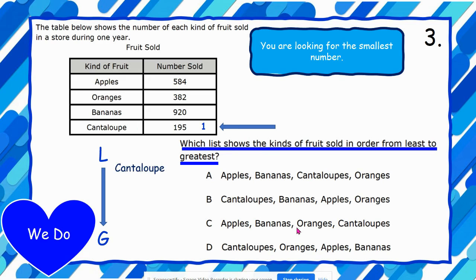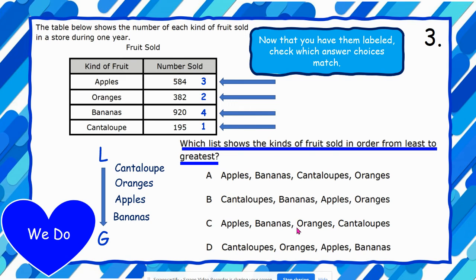So go to the table, put a number 1 beside the smallest number, a number 2 by the next smallest number, a number 3, and a number 4. We're putting our numbers sold in order from least to greatest. Now that we have them labeled, check your answer choices.